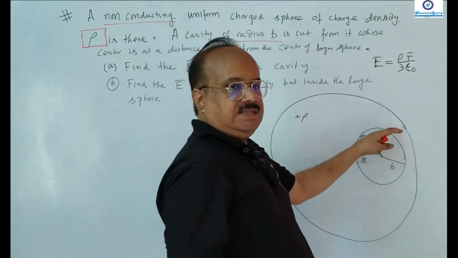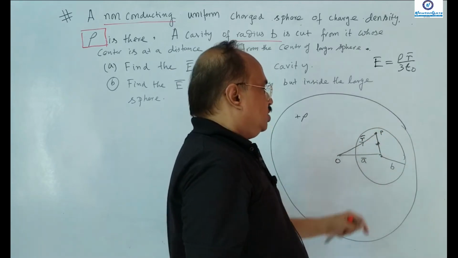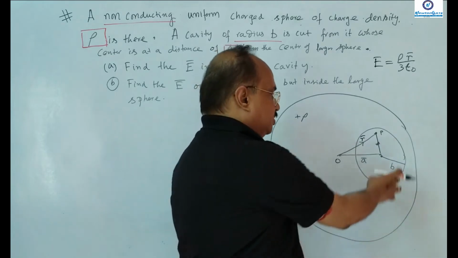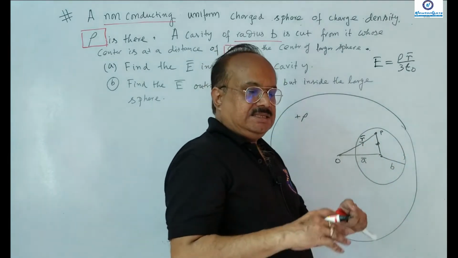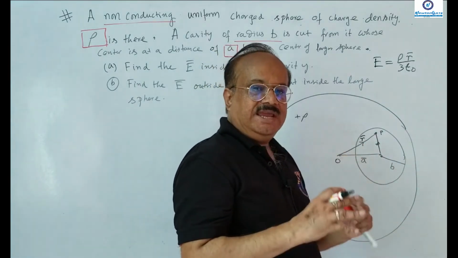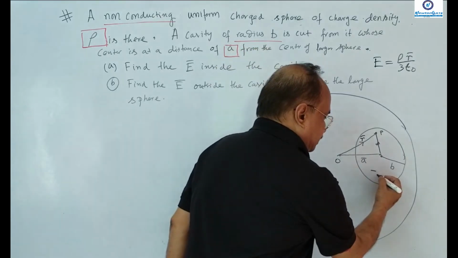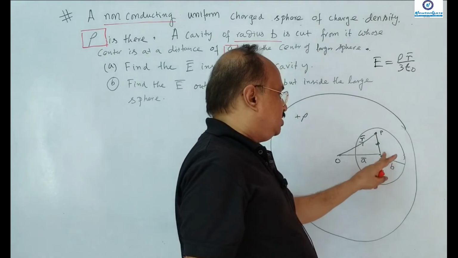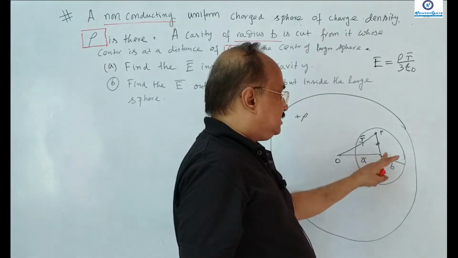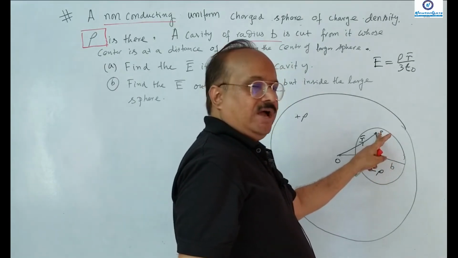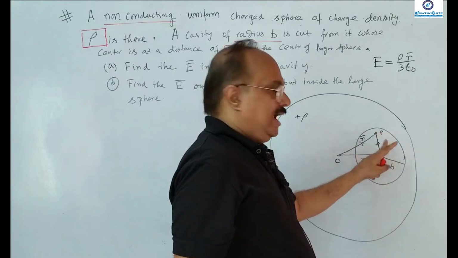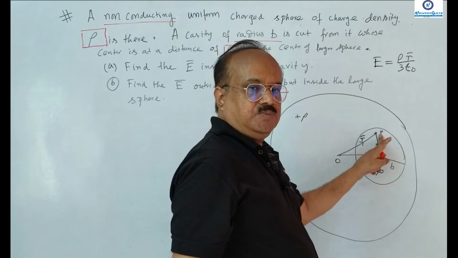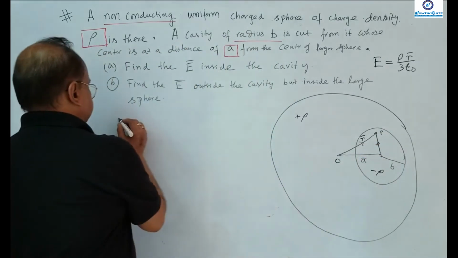Next I will think that since I am taking out the cavity, and I have already counted this as without the cavity, I have to think of this cavity as a negative charge sphere of charge density rho, and I will find what the electric field is due to this negative charge density. This cavity is applying a field at this point, and by adding those two electric fields I will get the net electric field at this point P. So let's do it.